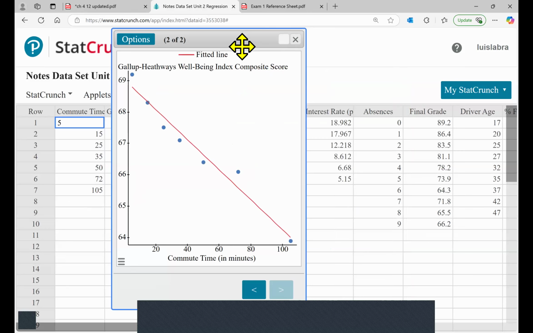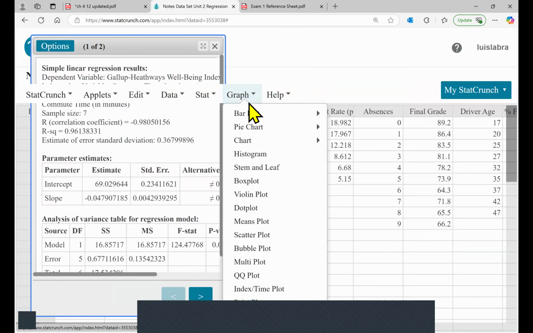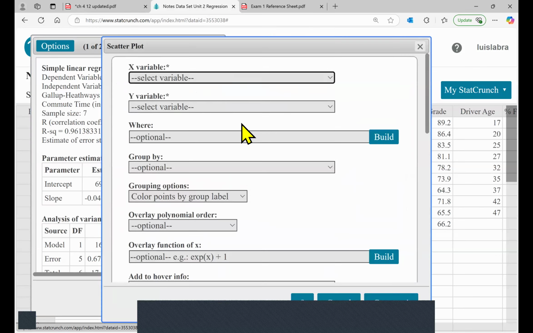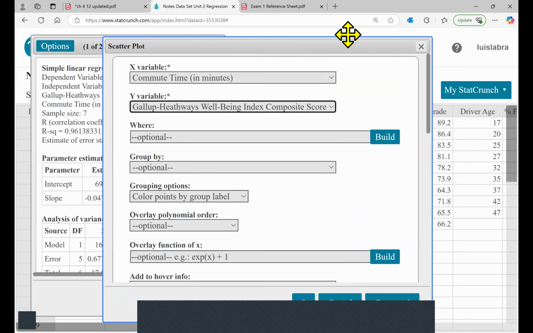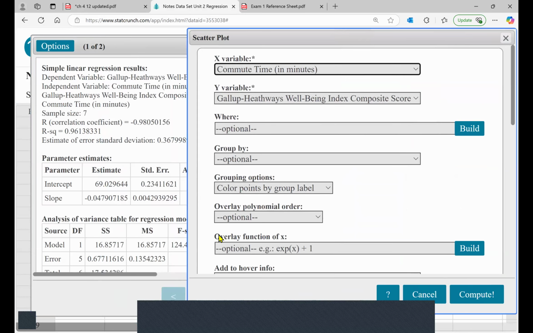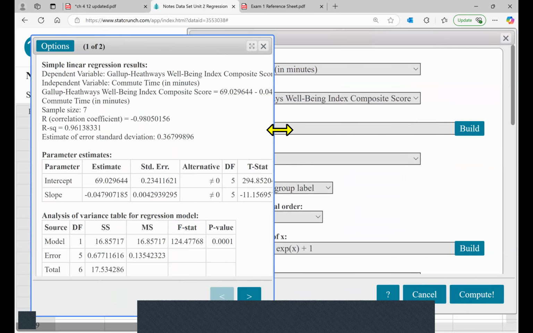If you want to do this a different way, let me show you just really quickly. You can go to graph, and remember, we created a scatter plot, so that's how we start. And then what you can do is you can overlay a function of x. And what I like to do is I just like to copy paste these numbers.